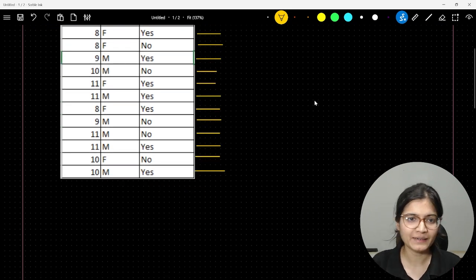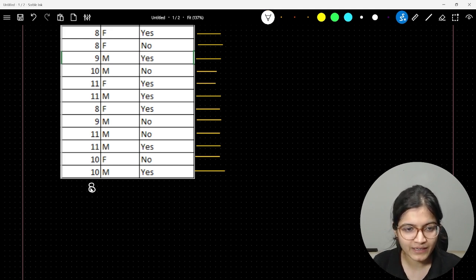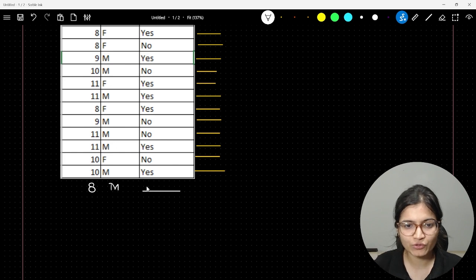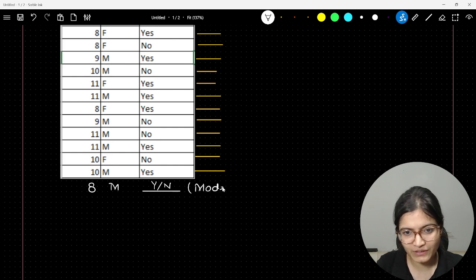On the basis of that, maybe in future, if a student is in class 8 and the gender is male, what is the final result? What is the prediction, the probability that the student will stay in a hostel or not? Whether the output will be yes or no, given by the model we train on our decision tree.